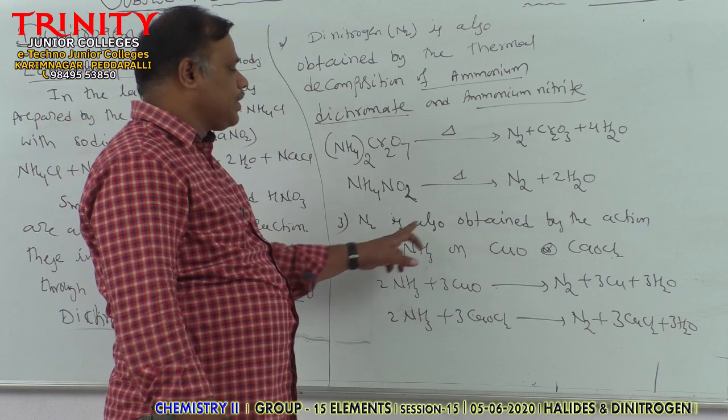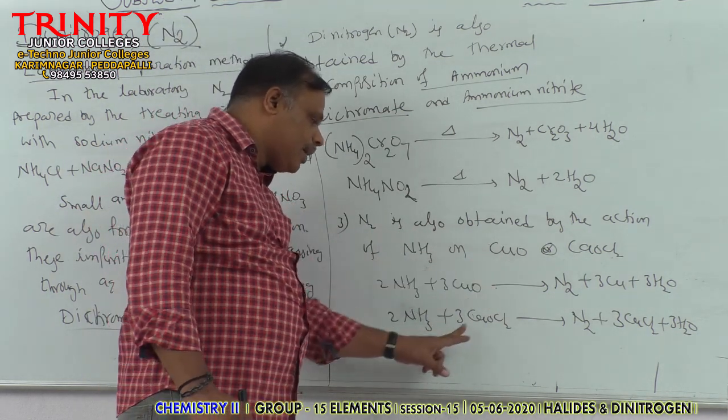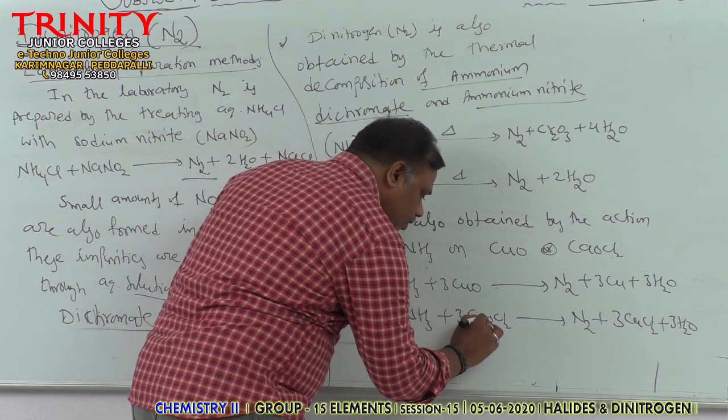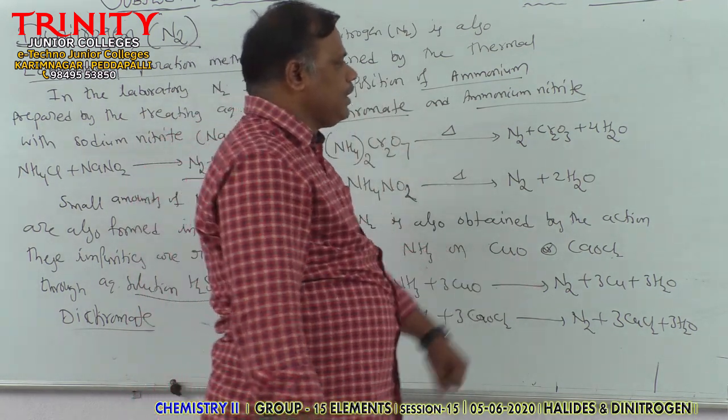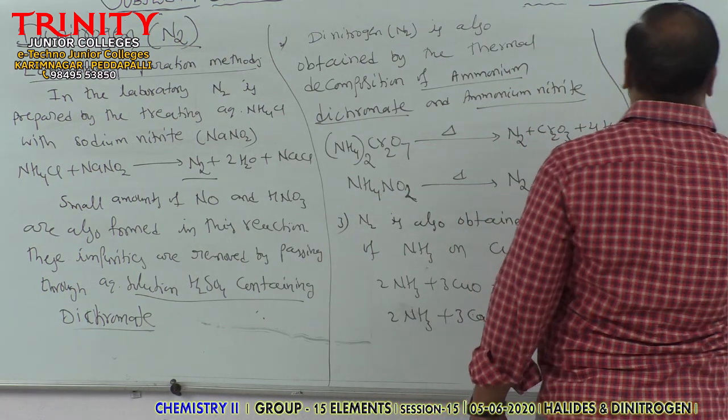By the action of NH3 on cupric oxide or bleaching powder, nitrogen is formed.